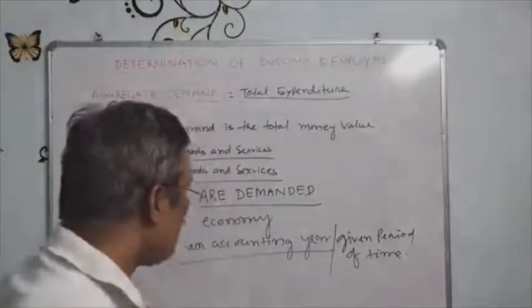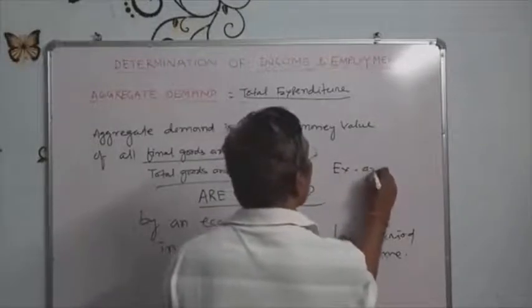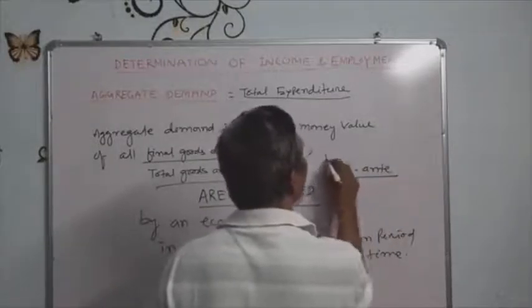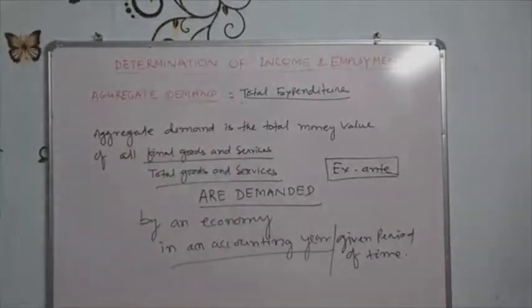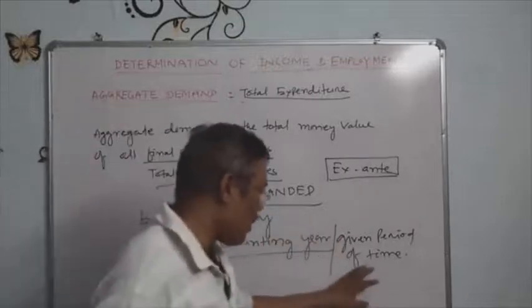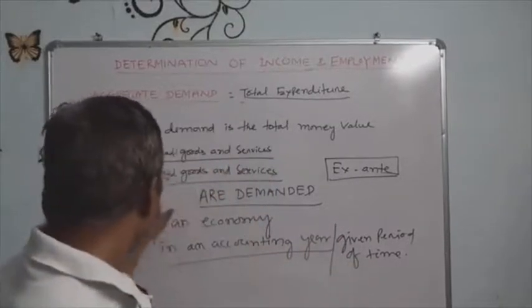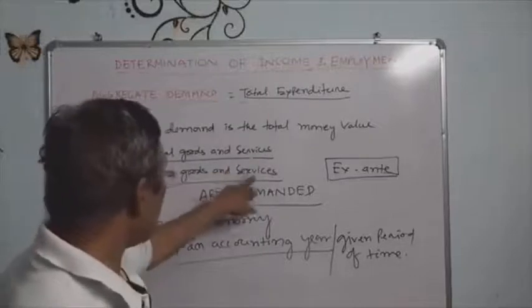Sometimes we may use X and T. Remember it. It means we have planned, we intend to spend that money during an accounting year, or during the given period of time, on the total goods and services.